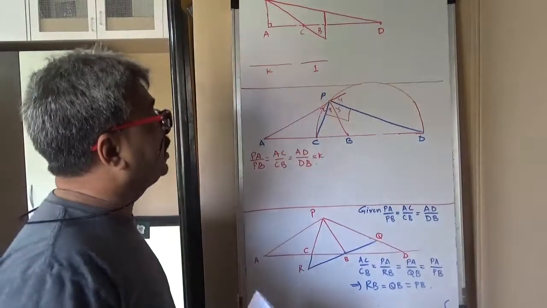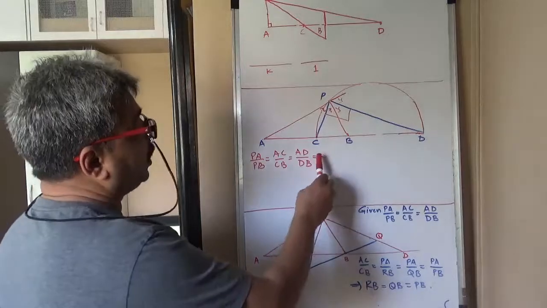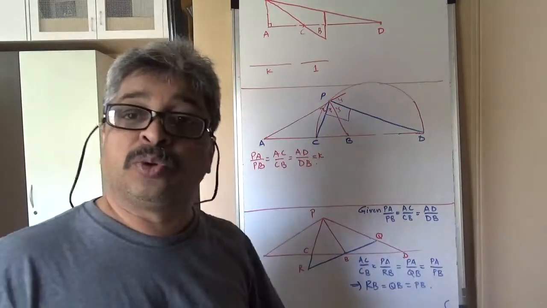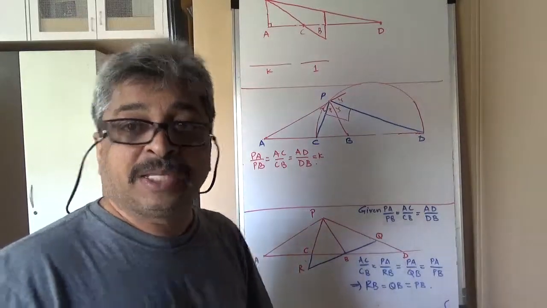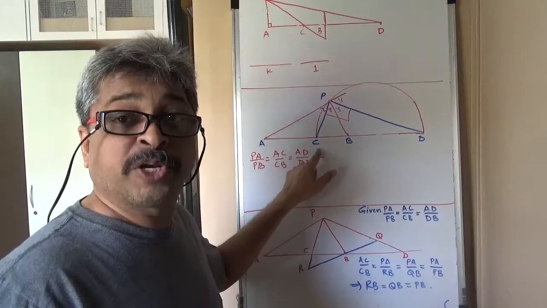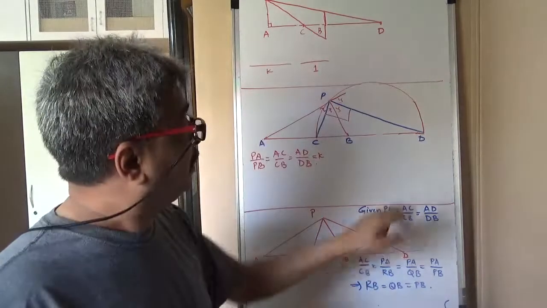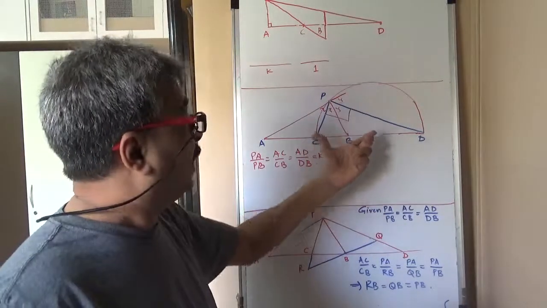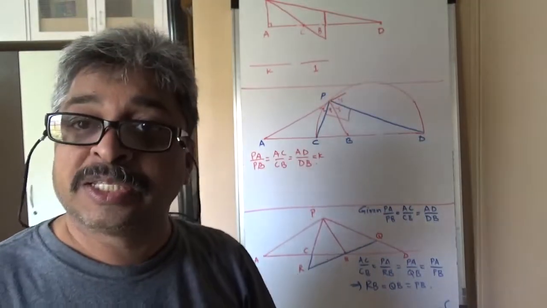So what we have done is, if the ratio K is given to us and the segment AB is given to us, then we first find the internal division point C, which we can do by this method, and the external division point D, which I can do by this method, and draw a semicircle using CD as a diameter.